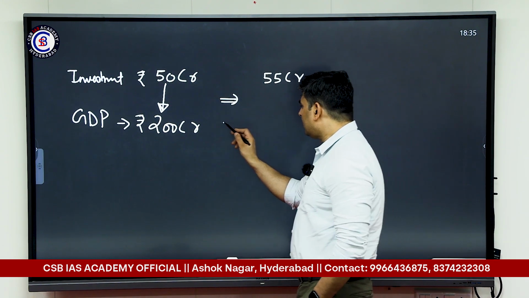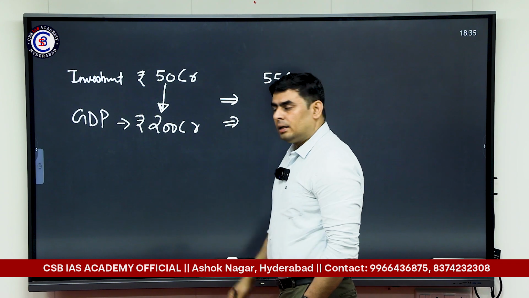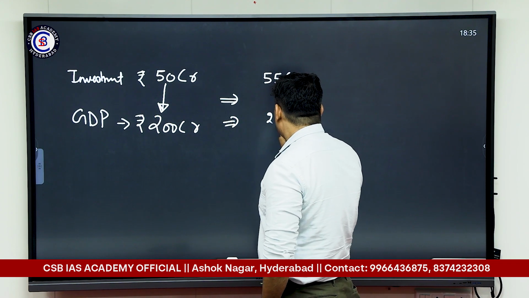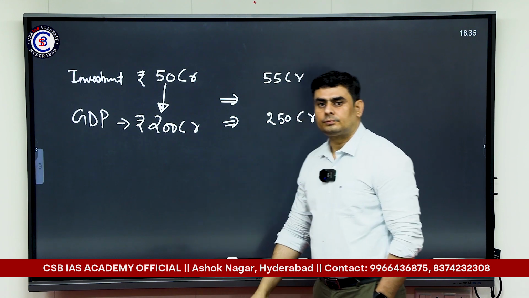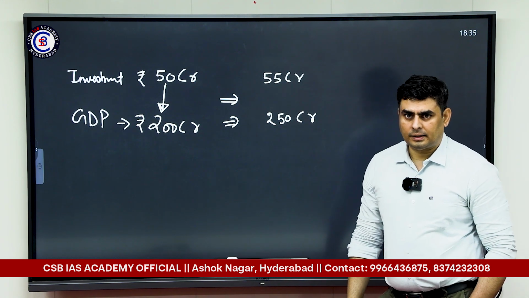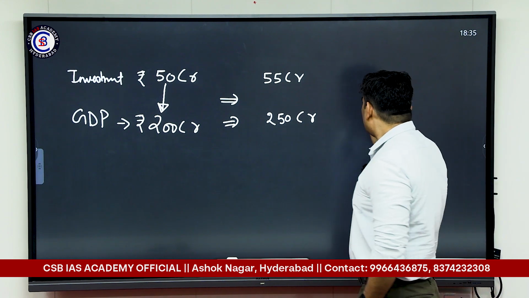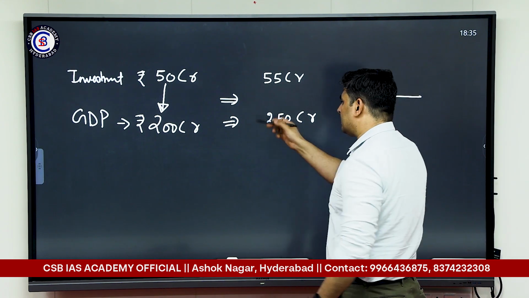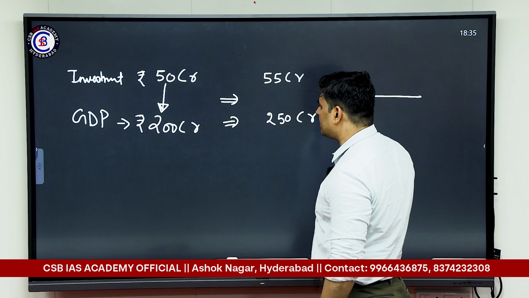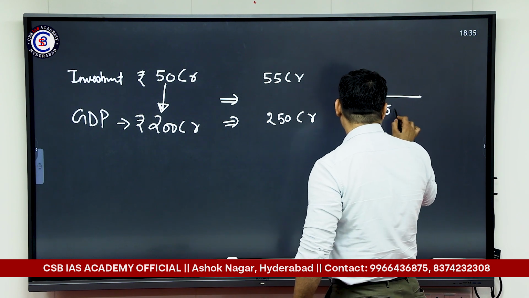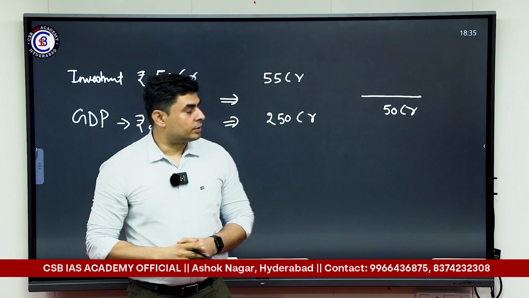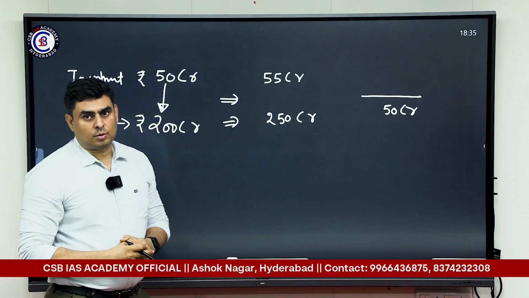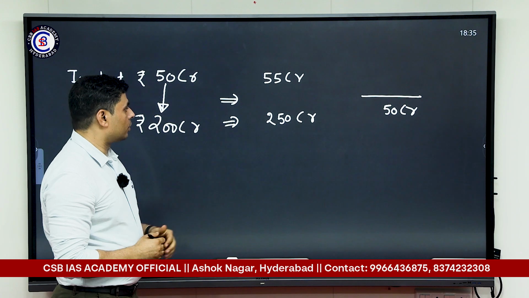Then we see a GDP of 250 crore. So what is the change in GDP? The change in GDP is 50 crore.